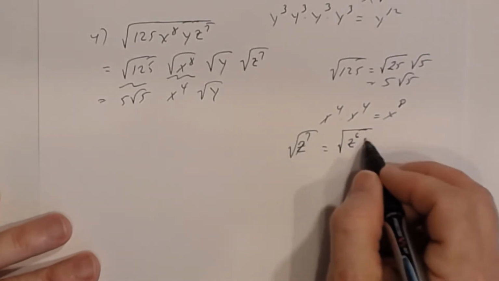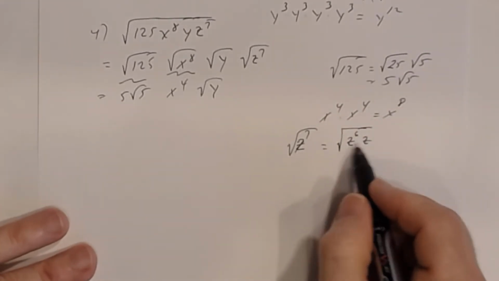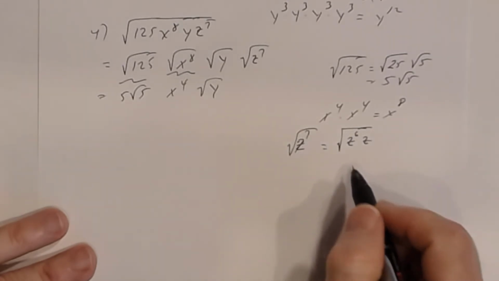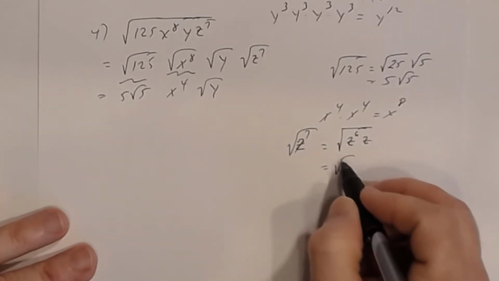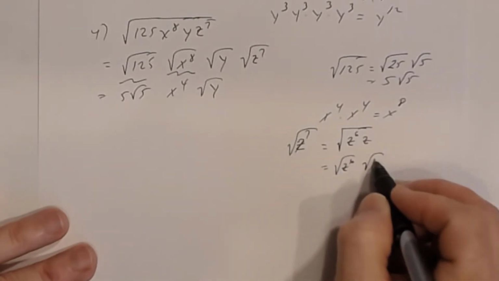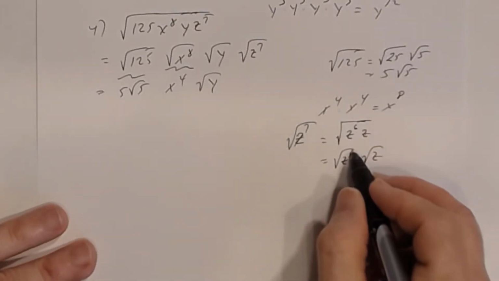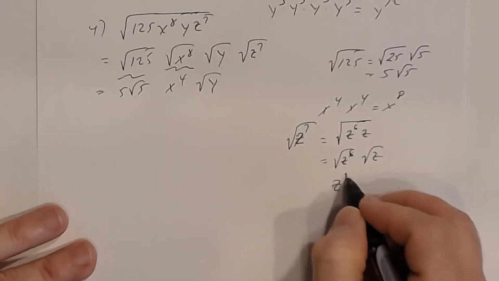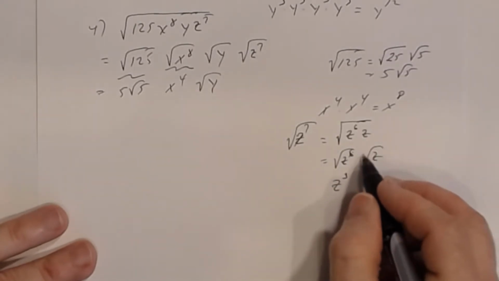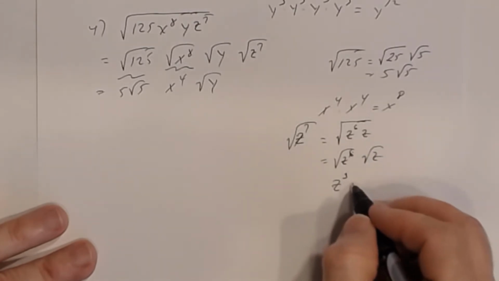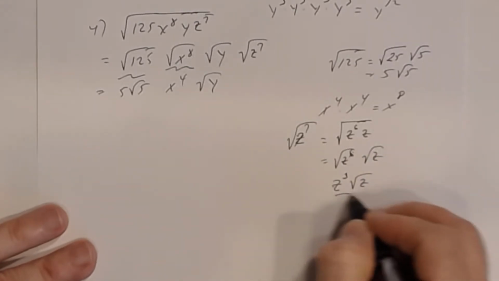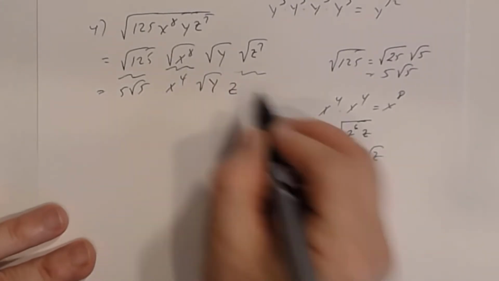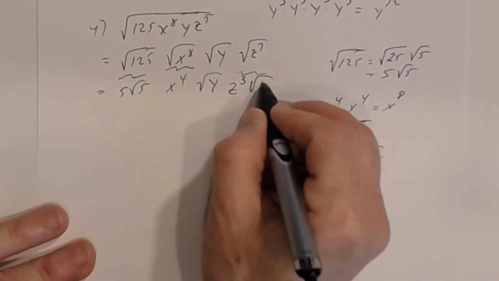Multiply bases, you add exponents, so this has to be 6 plus 1, which is 7. Now I'm going to rewrite this as the square root of z to the 6 times the square root of z. What's the square root of z to the 6? 6 divided by 2 is 3, so that's z cubed. I cannot simplify the square root of z because 1 is less than 2, the index. So this is z cubed times the square root of z.